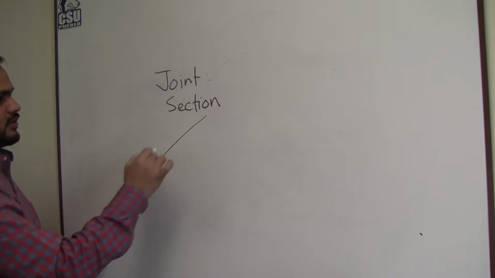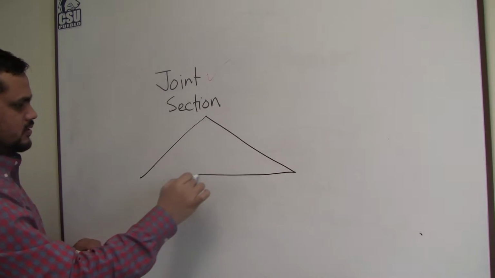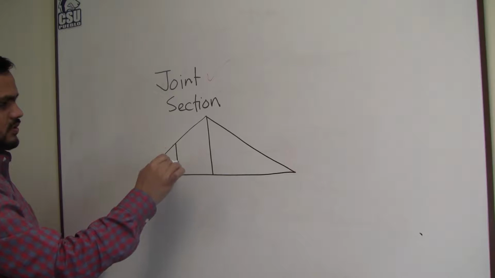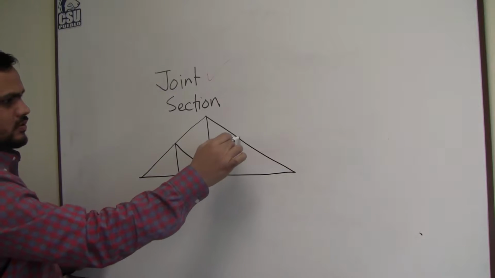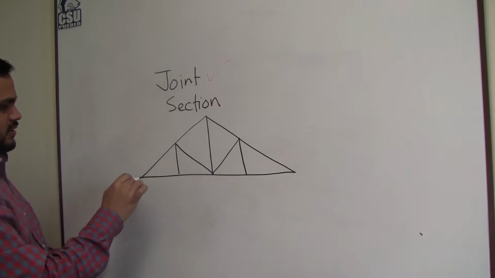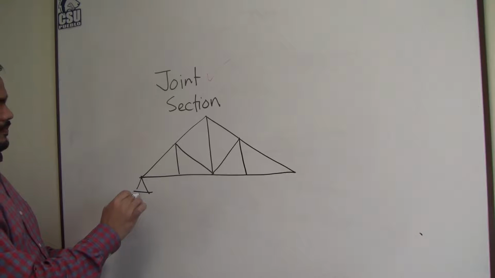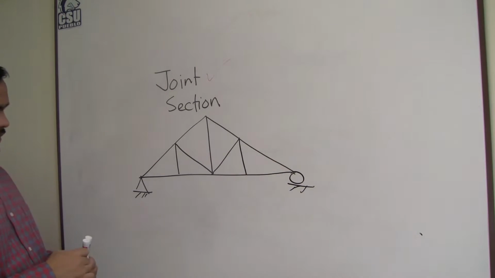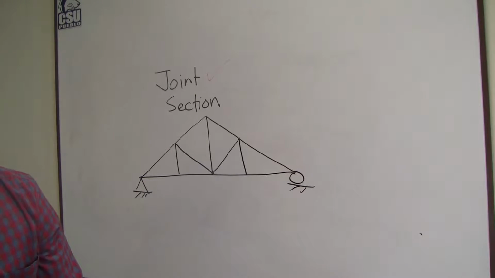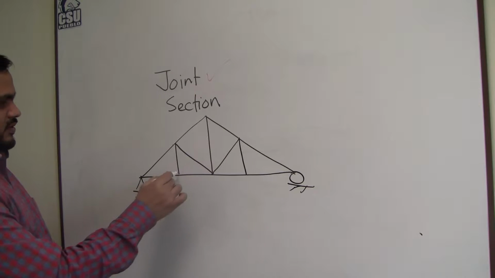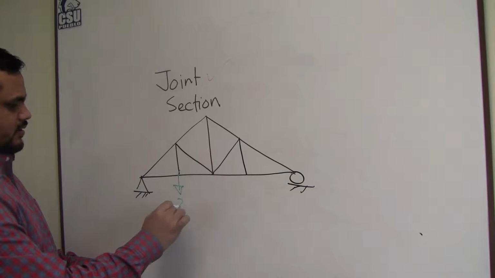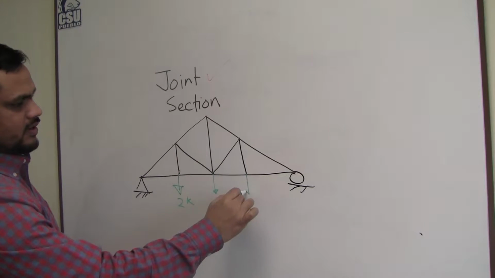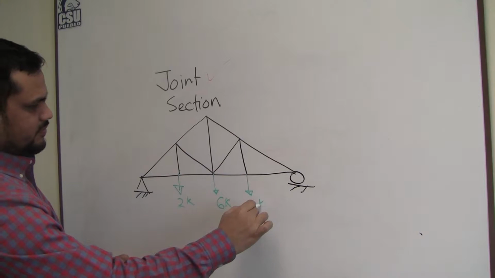Say this is a truss, a very simple truss. Let us assume some force here, 2 kips here, 6 kips here, say 2 kips.